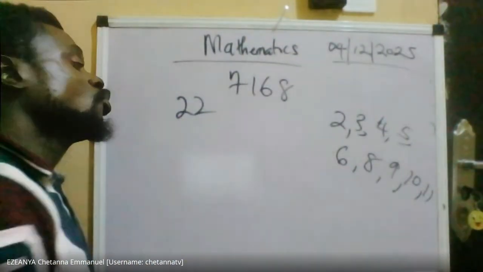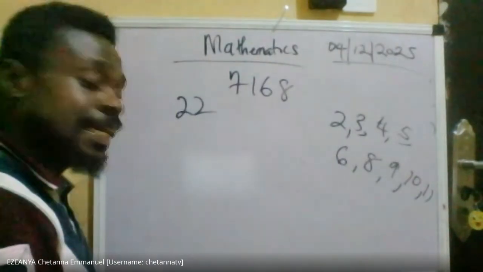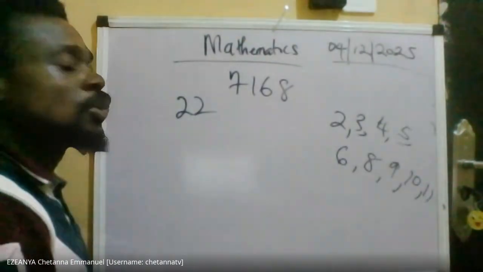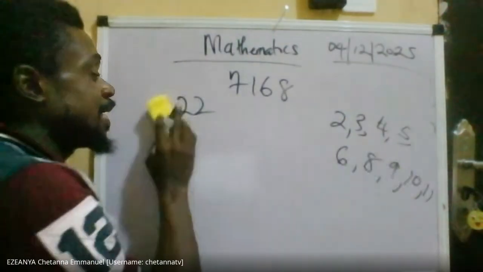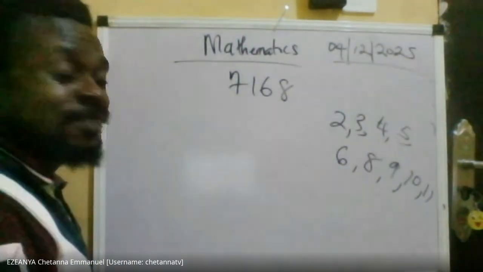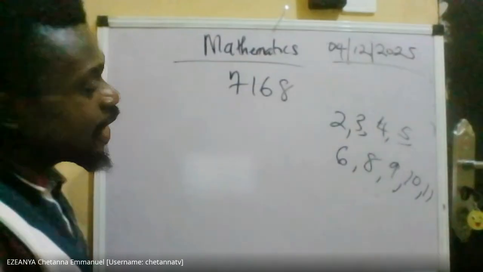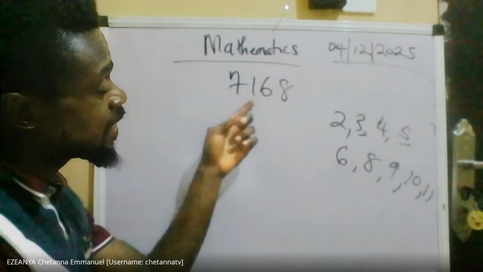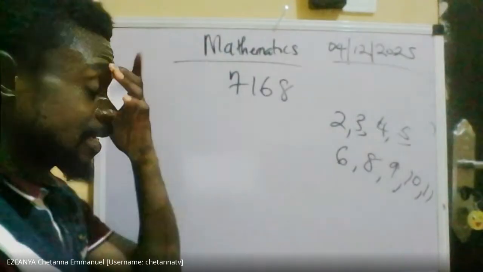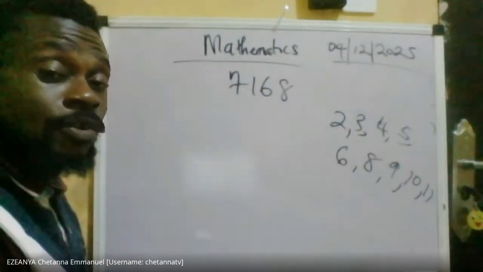Is 22 divisible by 3? No, 22 is not divisible by 3. Since 22 is not divisible by 3, if you try dividing 7,168 by 3, it will give you a remainder.